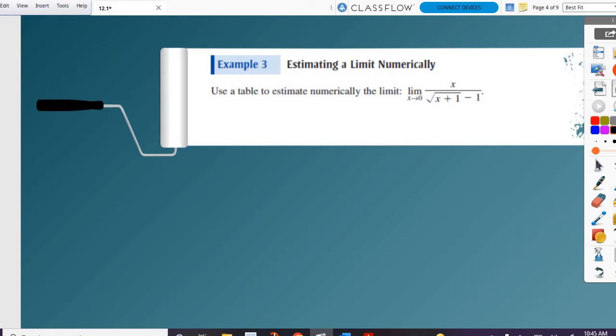Alright, so this one says use the table to estimate numerically the limit. What did we do on our first example to find our y value? We just plugged it in. So what's our a value this time that we're approaching? 0. What happens if we plug it in? You get 0 over 0, which is undefined.